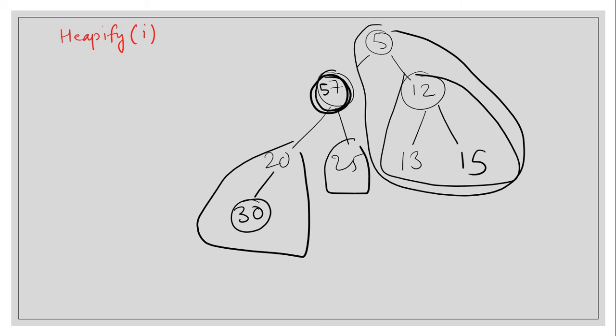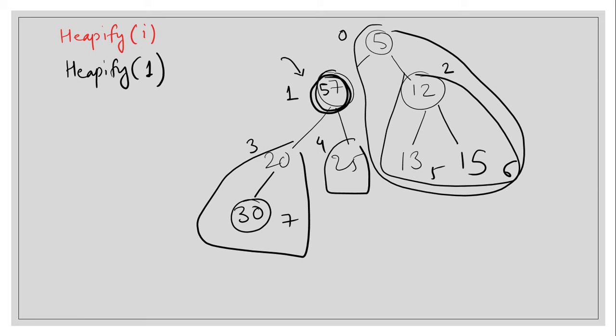Because this 57 should be less than all its children, which is not the case. So here we will call EP5, and this is index 0, 1, 2, 3, 4, 5, 6, 7. So we will call EP5 of 1, because at this index the min heap property is violated.